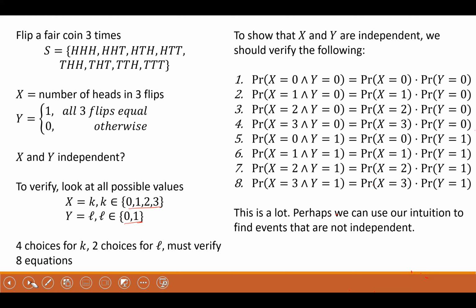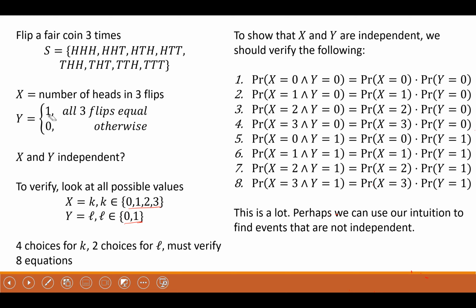So if I tell you something about Y, does that tell you something about X? Right, so if I told you Y is equal to 1, all 3 flips are equal. Do you now know something about the value of X yet? Right, exactly.